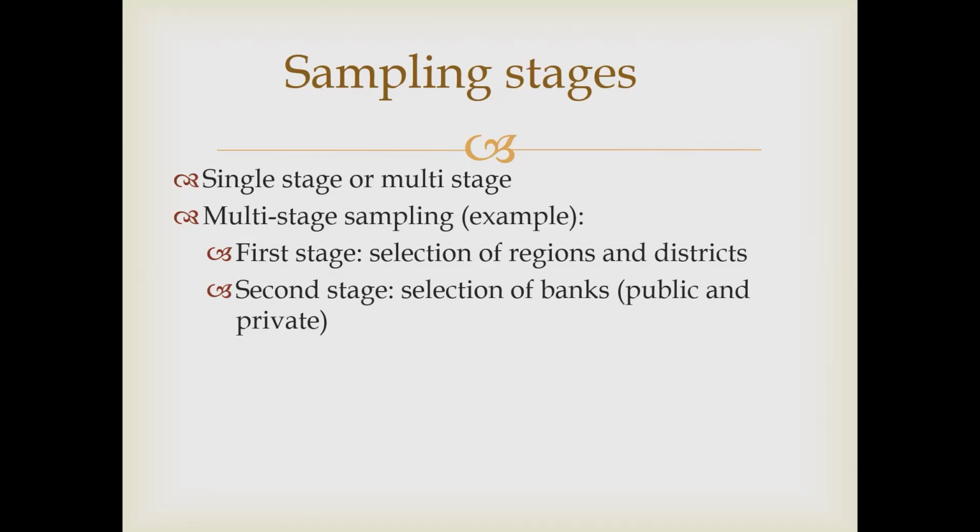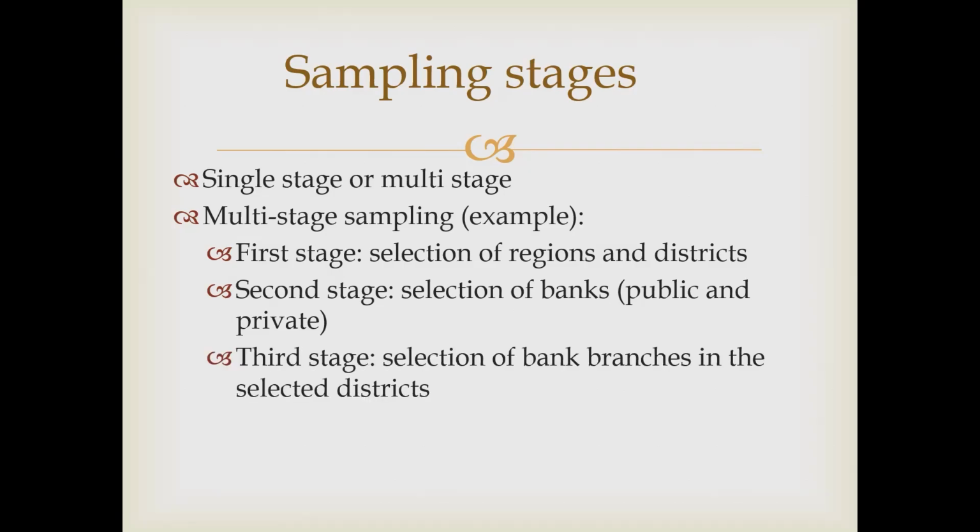Third stage, we have to select bank branches in the selected district. We already selected banks. Let us say Canara Bank from the public sector and Federal Bank from the private sector, and we have selected 3 districts. So now we have to select the branches of the selected banks in the selected districts.